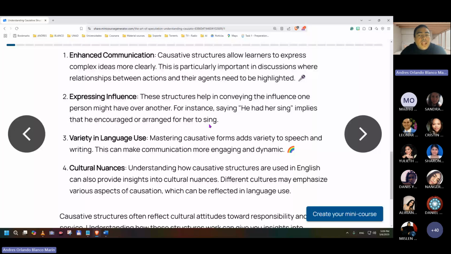Do you know what is an agent in a sentence? An agent is someone doing the action, is a subject. And a patient is someone receiving an action. So someone doing something is an agent.